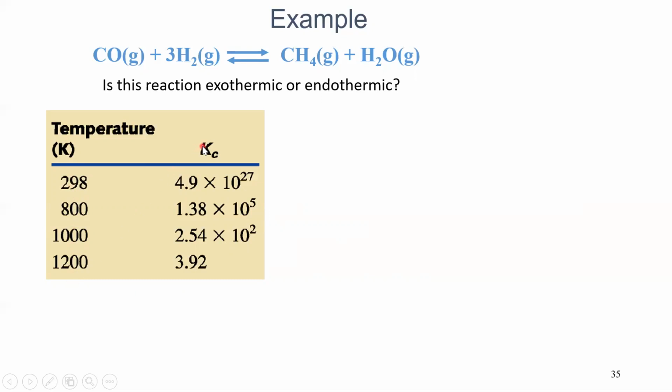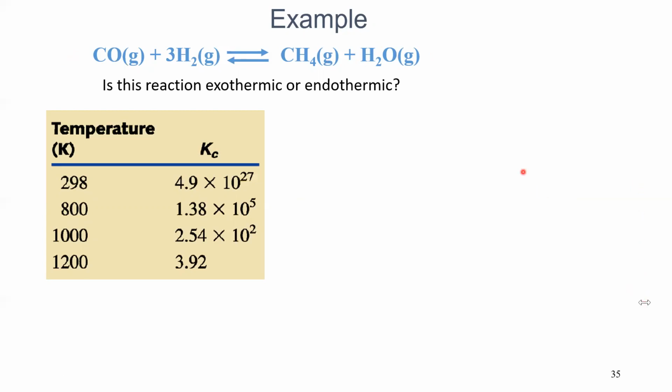See how that increase in temperature affects K. And when you figure out what the relationship is between temperature and K, think about what K is. It's products over reactants. Which side of this equation would you expect the energy to be? On the reactant side, meaning it's endothermic, or on the product side, meaning it's exothermic?